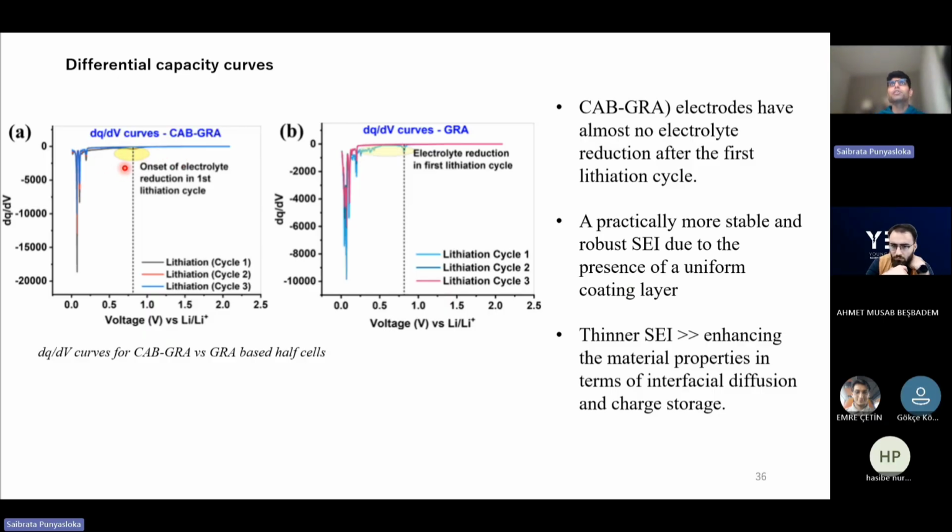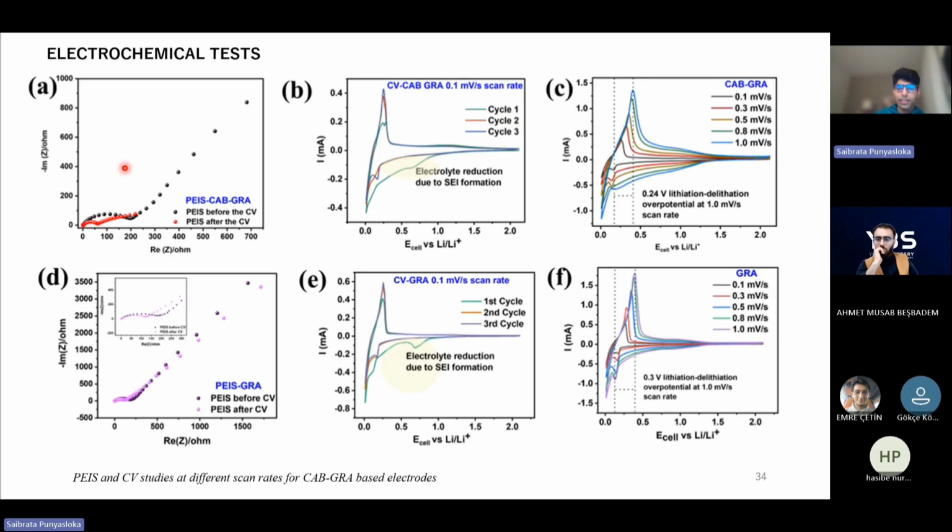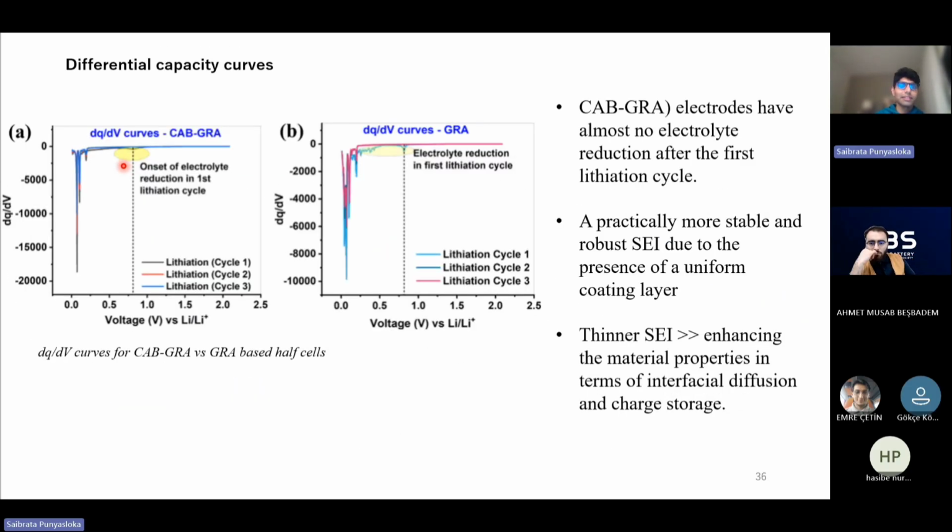Of course, you cannot completely tell from here, so other studies need to be done, which is why we have done CV and other tests. But this is another way of looking into the electrolyte degradation. The onset of electrolyte degradation was there, but after the first cycle we did not see much change in the dQ/dV curve.